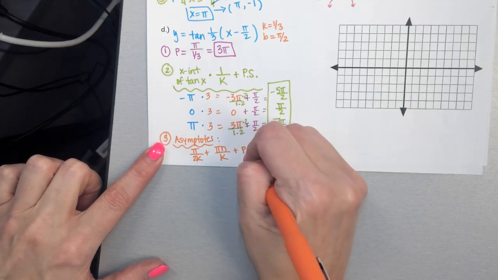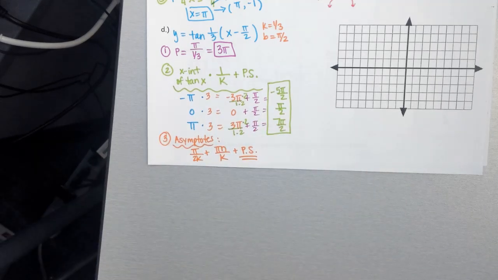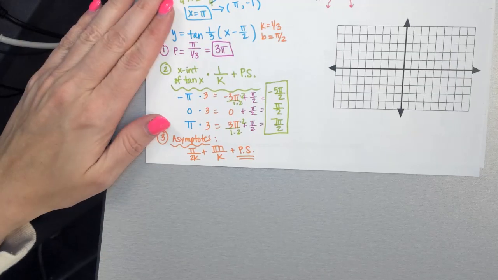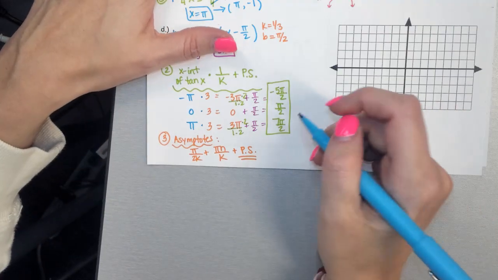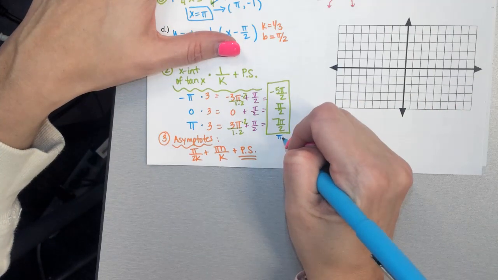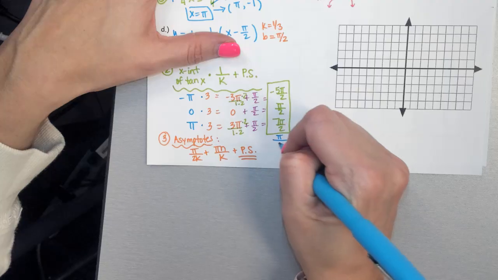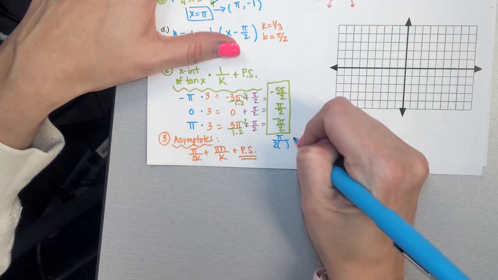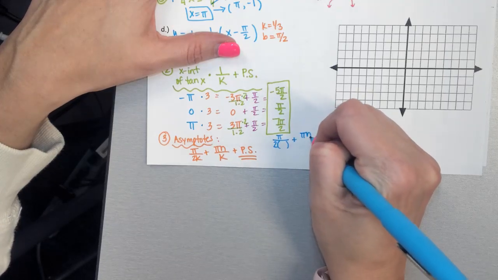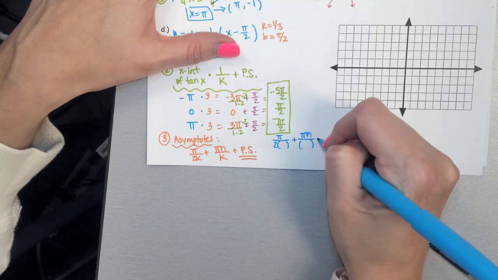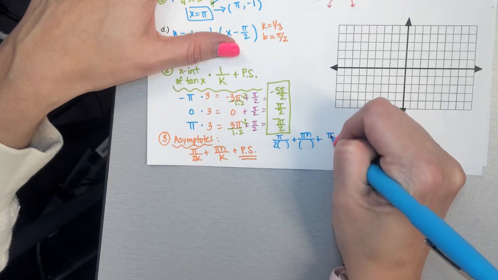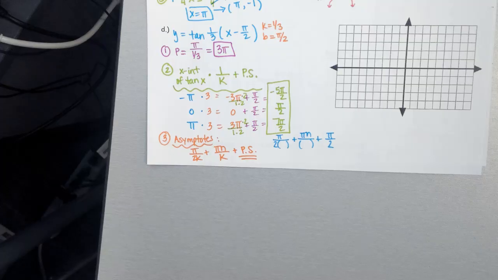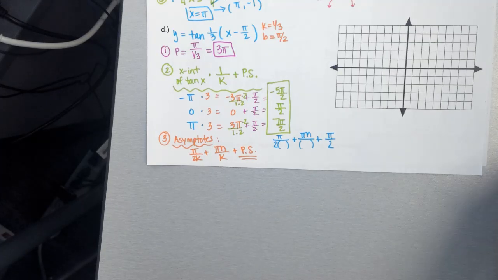But now we have to add in the phase shift. So if I have pi over 2 times k plus pi n divided by k plus my phase shift of pi over 2, I can simplify.